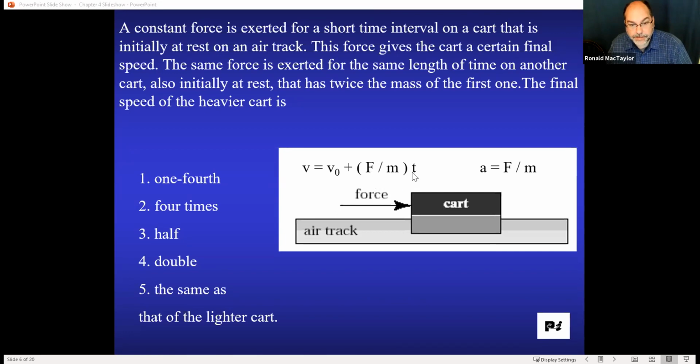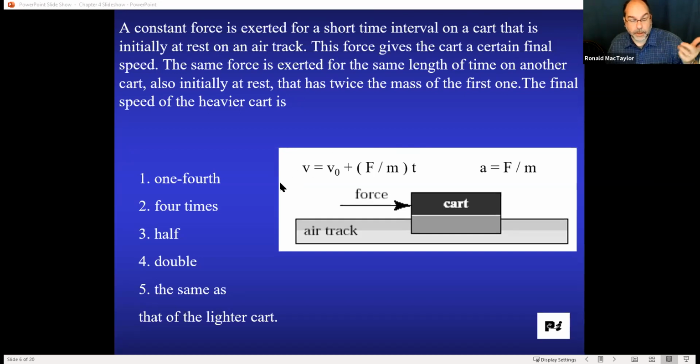So in one case, if the force is 1 Newton, the mass is 1 kilogram, the time is 1 second, this is 1. In the other case, where the cart has twice the mass of the first one, force is 1 Newton, mass is now 2 kilograms, 1 divided by 2 times 1 is 1/2.